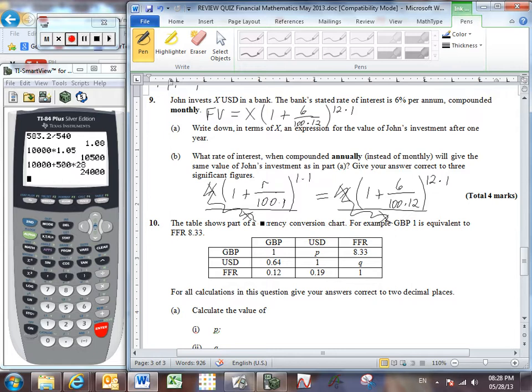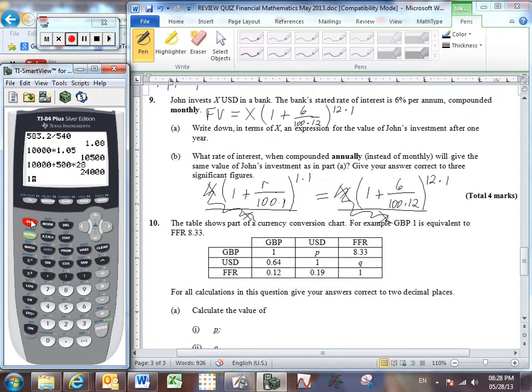So here we go. Whoops. Let's go into the y equals, and we'll put in our left-hand side, 1 plus x over 100. And I wish I'd put in a parentheses at the beginning. Okay, I'll insert a left parentheses here. Okay, there we go.